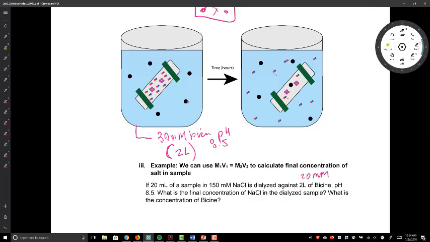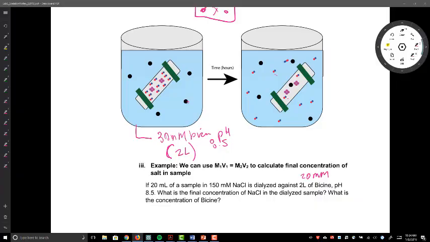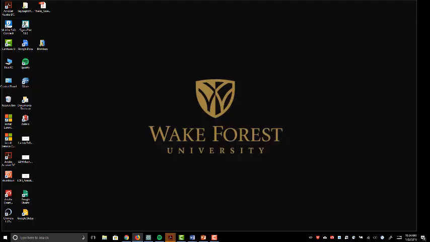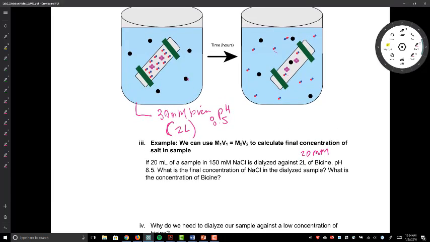So if we have an example here, let's say we resuspend our pellet in 20 mLs of the same bicine buffer, but it has 100 millimolar NaCl, and we're dialyzing against 2 liters of 30 millimolar bicine, pH 8.5.